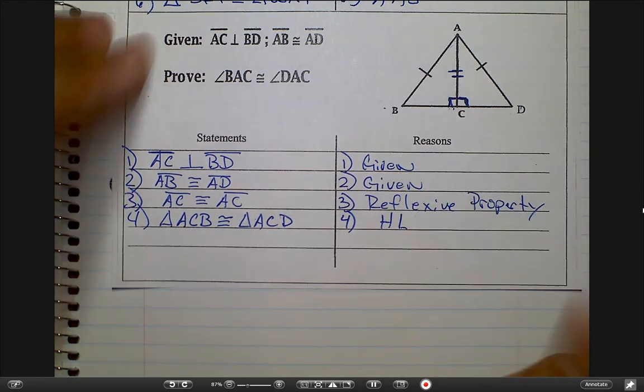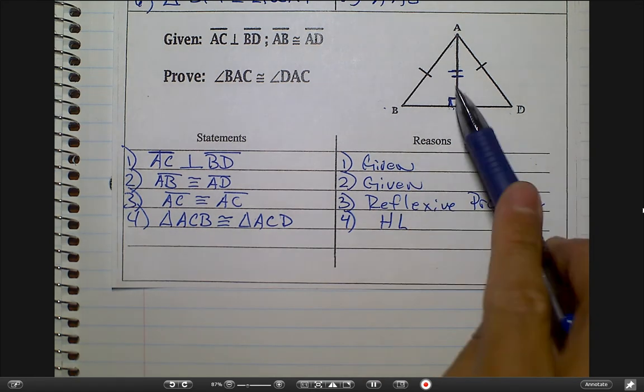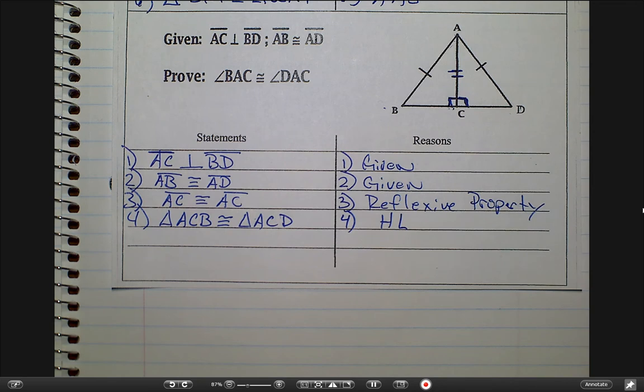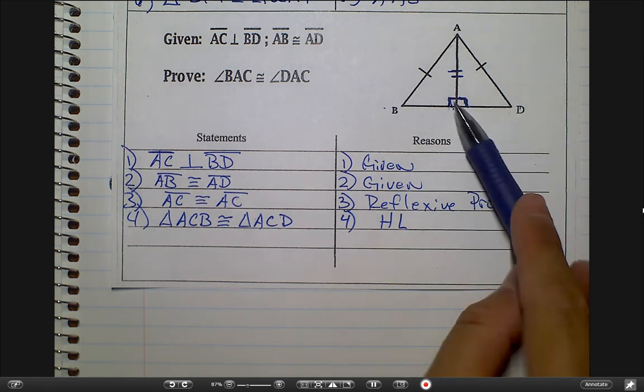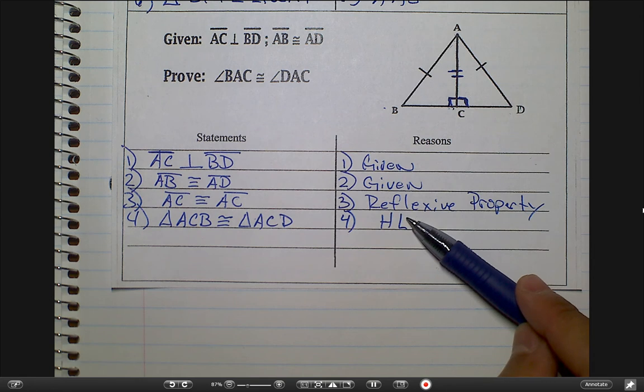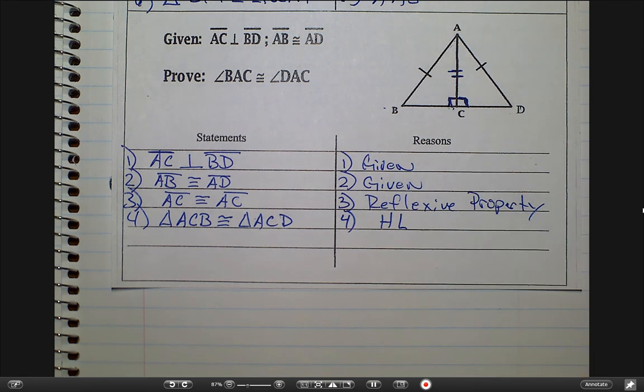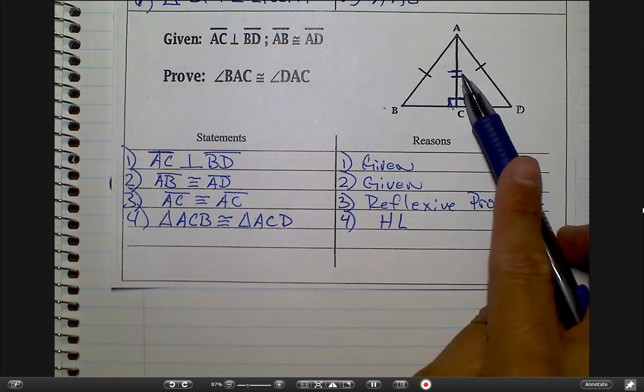Hypotenuse leg, very good. Hypotenuse leg only works with the right triangles, doesn't it? So whenever you have a right triangle, you can always try and consider one of those. So you have to look to see what information you have. So now we have hypotenuse leg.